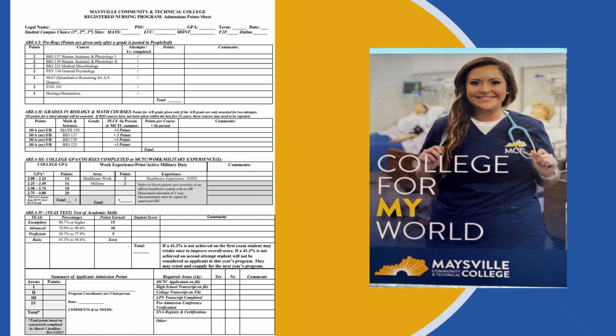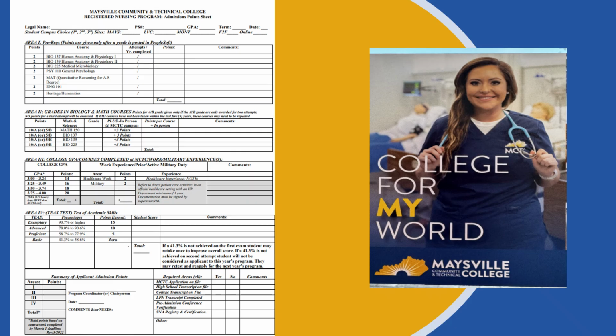Now, for the Bio 225 Medical Micro, oftentimes students may take that in between their first and second year of the nursing program, in that summer semester when they're off from the nursing program. And that's perfectly fine. If you want to take it early and you have time to take it early, it's just another way to get more points and be a stronger candidate for applying for the program.